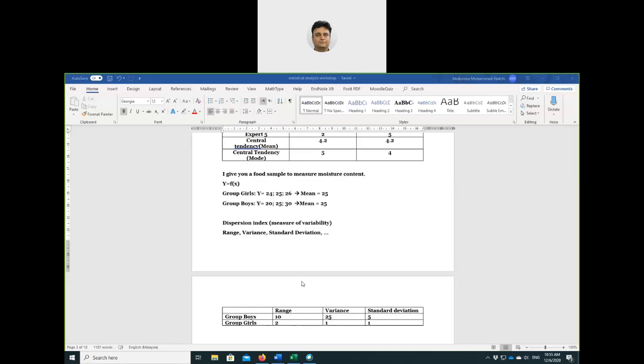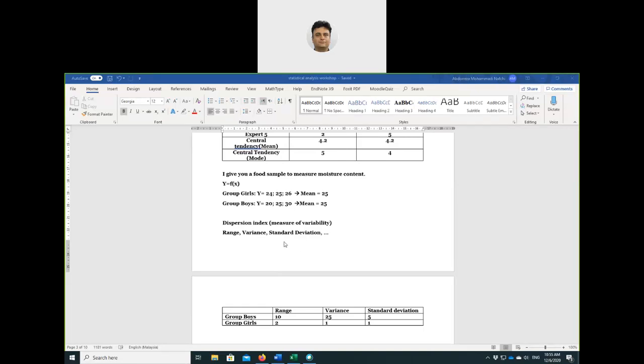But because variance is the square of the data and is not consistent in dimension with our data, we take the root of the variance, which is the standard deviation.